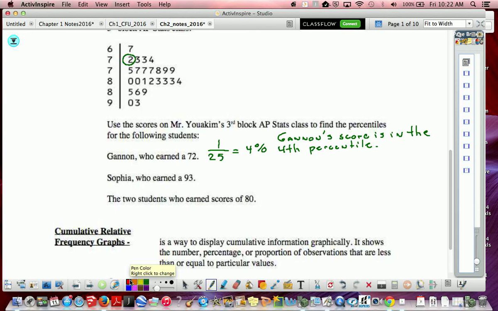Sophia, who earned a 93. Okay. Here's Sophia. How many scores are below Sophia's score? 24. So 24 out of 25 is 96%. So Sophia's score is in the 96th percentile.